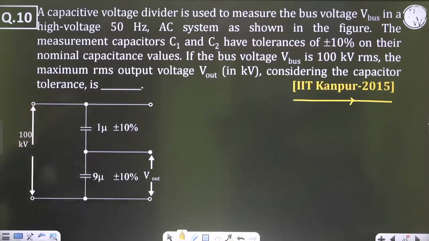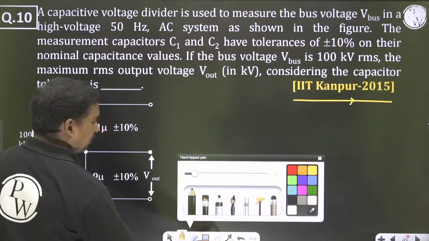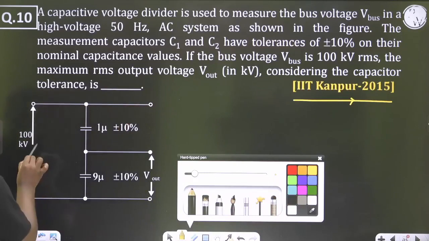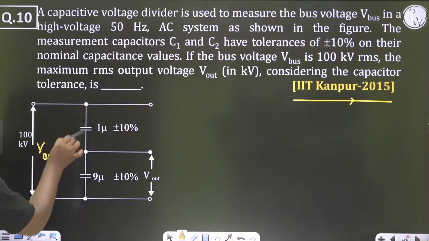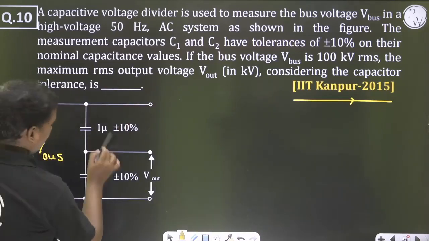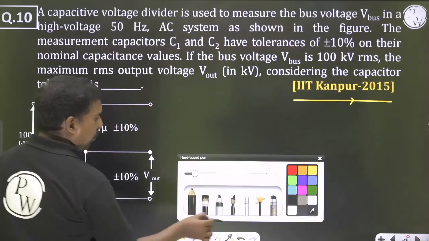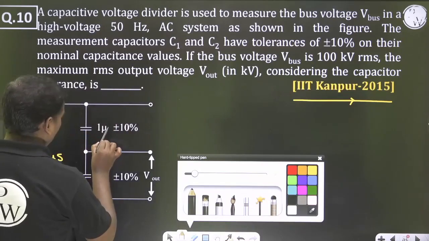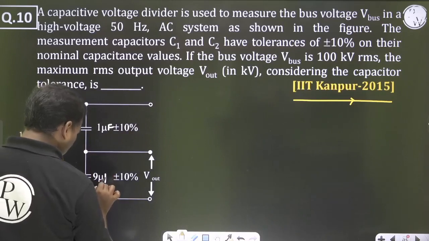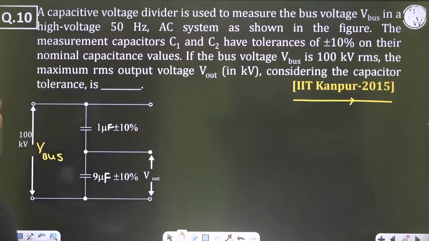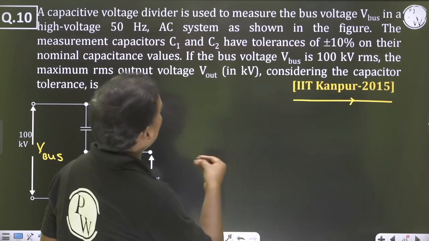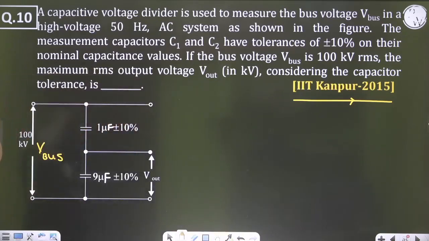A capacitive voltage divider is used to measure the bus voltage V bus. So this is the bus voltage. There are two capacitors, nothing but voltage division. 1 microfarad, and this is 9 microfarad. A capacitive voltage divider is used to measure the bus voltage V bus in a high voltage 50 Hz AC system as shown in the figure.